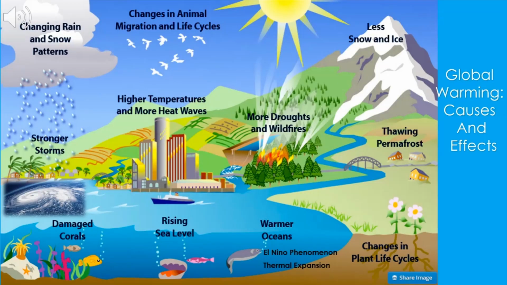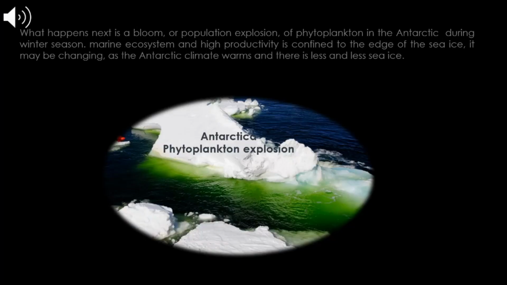Let's move on. Global warming, causes and effects. Changes in animals' migrations and life cycles, higher temperatures and more heat waves, rising sea levels, warmer oceans. It causes the El Nino phenomenon, thermal expansion, damage of the corals.